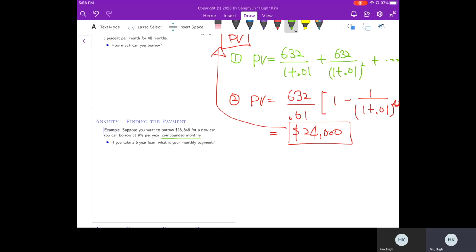What that means is that you have to make monthly interest payments, and the monthly interest rate is 9% divided by 12, so 0.75% per month. That is your interest rate. If you take the 6-year loan, you want to know what your monthly payment is.